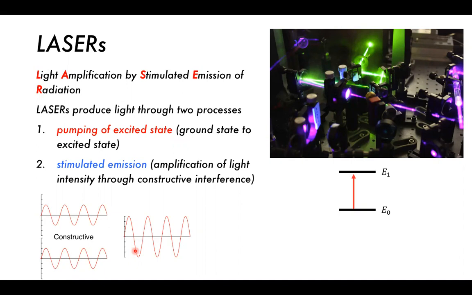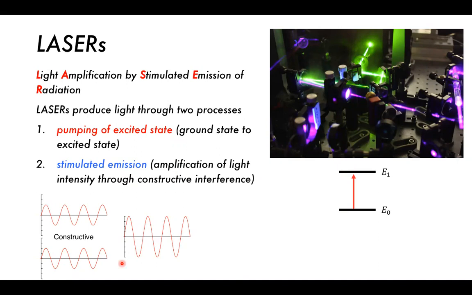And so that also happens in lasers. So they make use of two things. One is an increase in the excited state population. So it has a process of trying to increase the amount of electrons in the excited state. And then it combines all of the emissions of the electrons to amplify the light intensity through constructive interference.